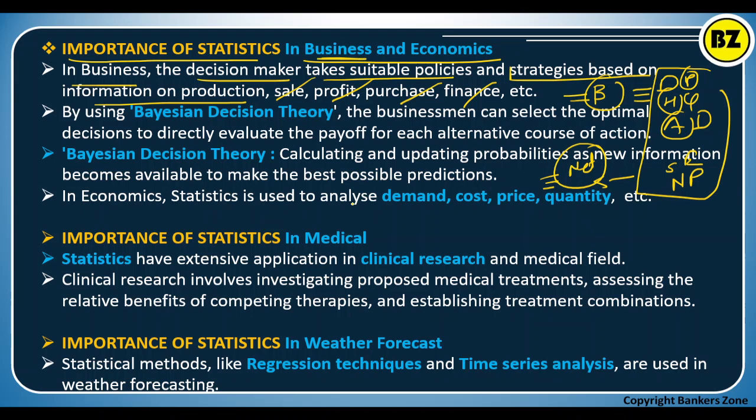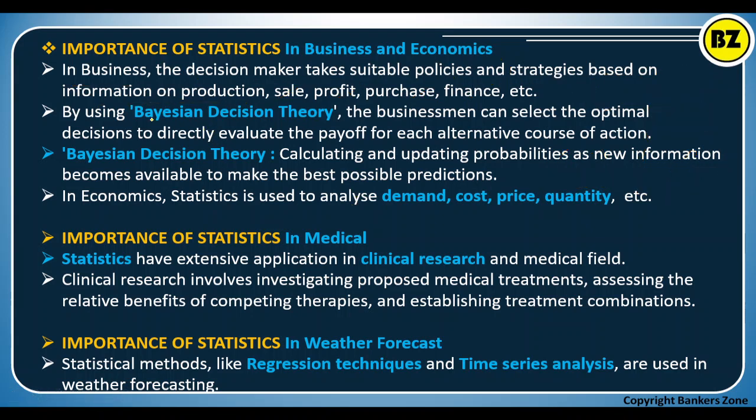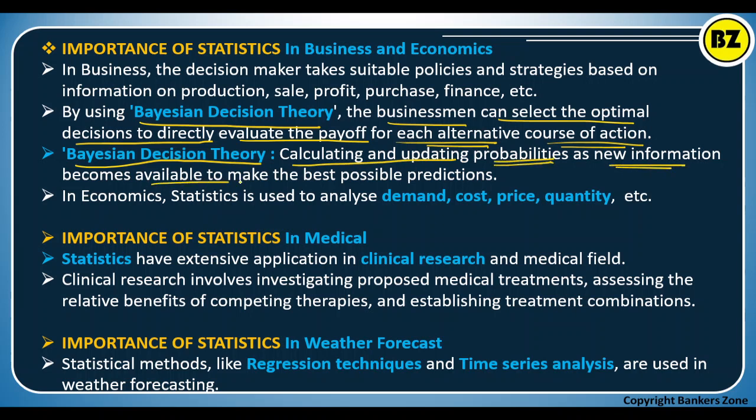So basically, statistics is important even in businesses. Now see here, by using Bayesian decision theory, the businessman can select the optimal decision to directly evaluate the payoff of each alternative course of action. What is Bayesian decision theory? It is simply calculating and updating the probability as new information becomes available to make the best possible predictions.